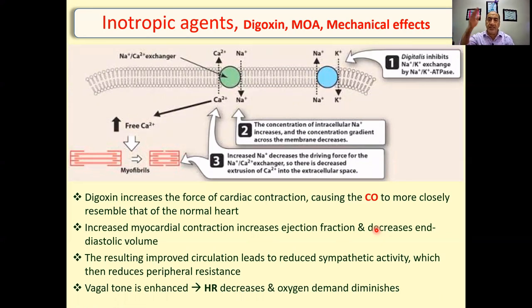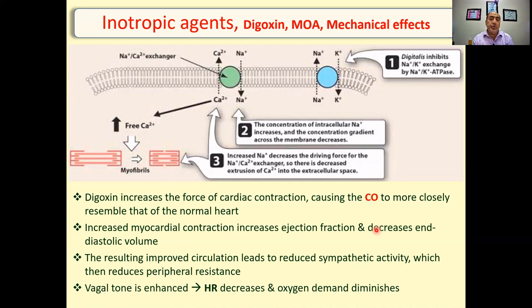Number one, if there is more blood coming out of the heart, more stroke volume, more cardiac output, so more renal perfusion. If there is more renal perfusion, there is less activation of the juxtaglomerular cells to produce renin, and the whole RAS system will be inhibited, which usually ends with vasoconstriction and sodium water retention. So if I inhibit sodium water retention, there is a decrease in the diastolic volume.